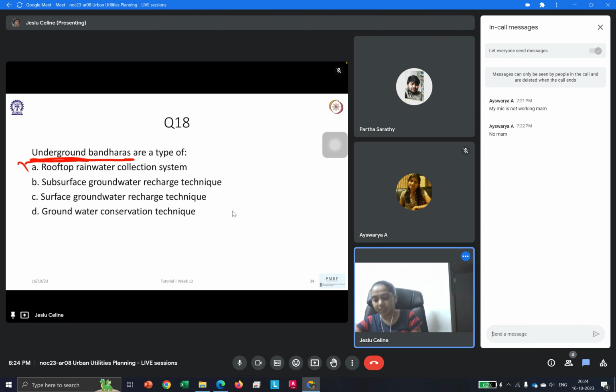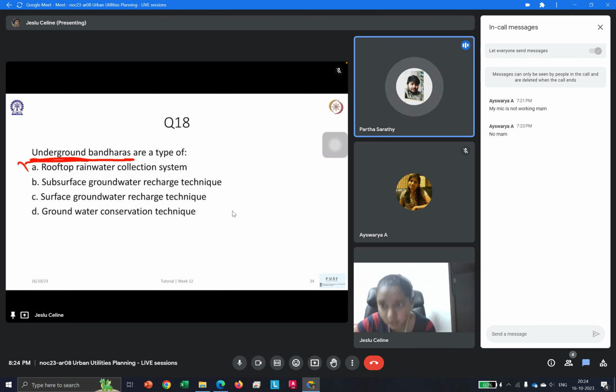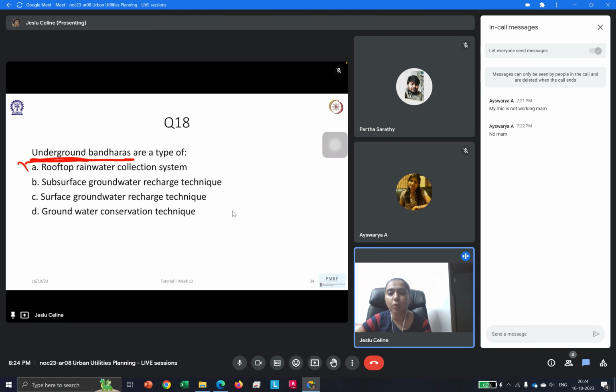Subsurface, ma'am. Subsurface groundwater recharge technique. Okay, so let's say that surface groundwater recharge technique and rooftop are gone.